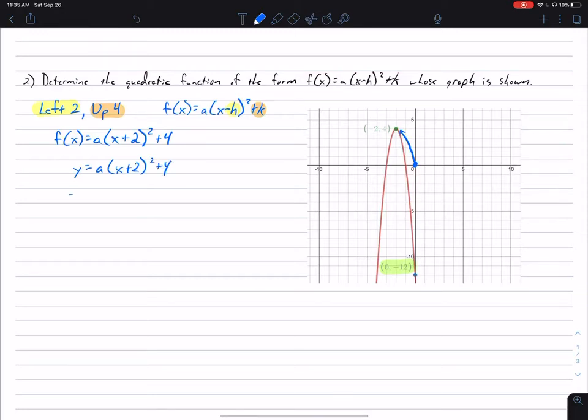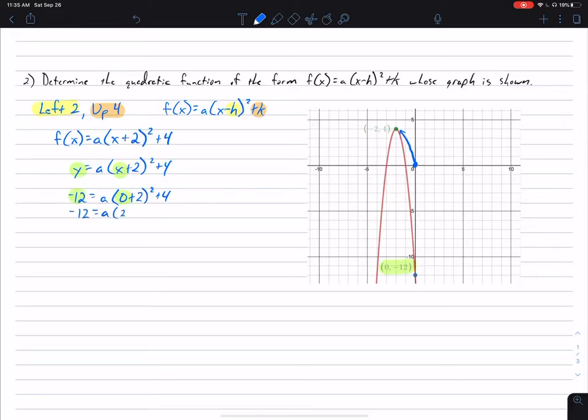So y is going to be negative 12 is equal to a times (x, which in this case is 0, plus 2) squared plus 4. And now that a is the only unknown, we can solve this for a.